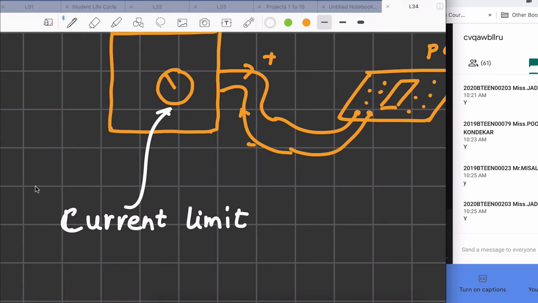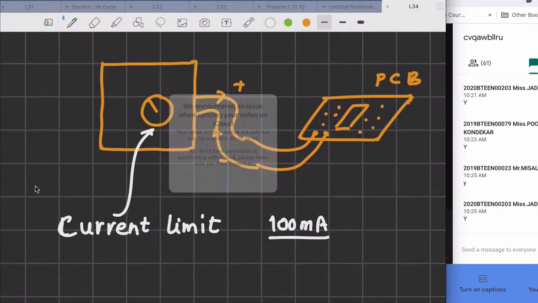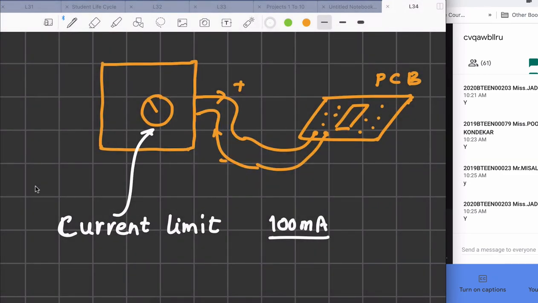Now suppose you set this current limit to 100 milliampere. The power supply will not allow current more than 100 milliamperes. It will drop the voltage, but current more than 100 milliamperes will not be supplied. So if the voltage drops, it clearly means that the PCB is drawing more than 100 milliamperes, so there is some problem.